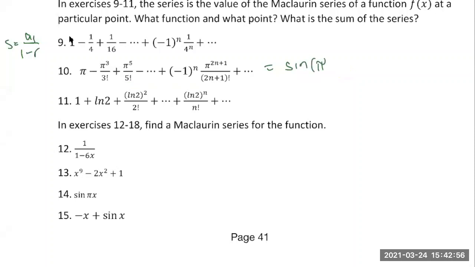So if that left-hand side is a sum, then technically, if you were to sum up all of those terms, the sum would be sine of pi. That's the second way of thinking about it. A Maclaurin series, recognizing it, the function itself is the sum. So sometimes they'll say, what is the sum of that series? You have to think, okay, what's the function that approximates it?